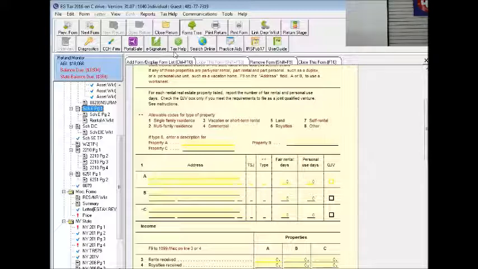All right. Let's see. Page 1516, limits on rental losses. If there's a loss from a rental real estate activity, 2 sets of rules on page 1516 may limit the amount of loss that can be deducted. At-risk rules limit losses from most activities to the taxpayer's amount at risk in the activity.